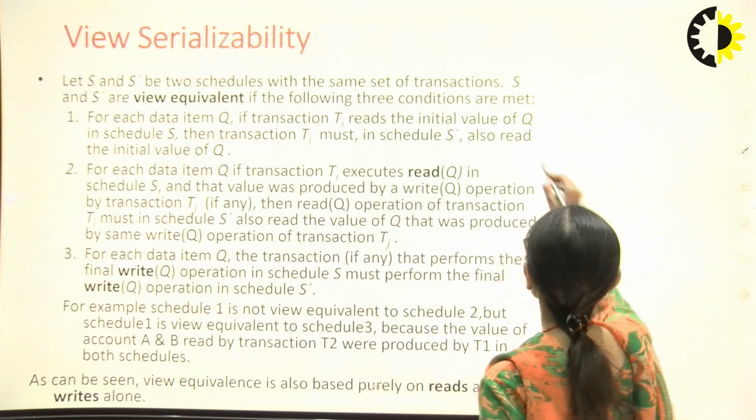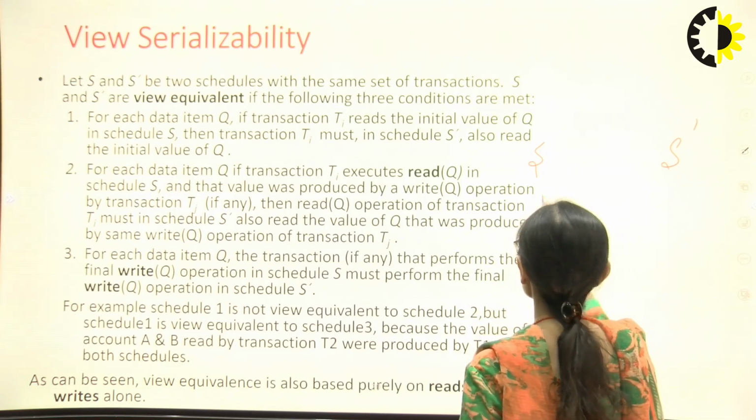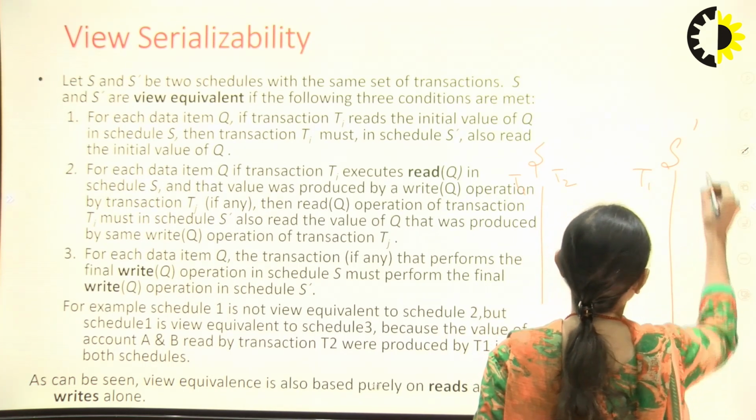That is, I am having two schedules, S and S dash. What does the first property say? Let's suppose I am having two transactions, T1 and T2.